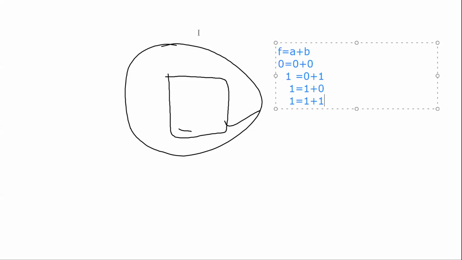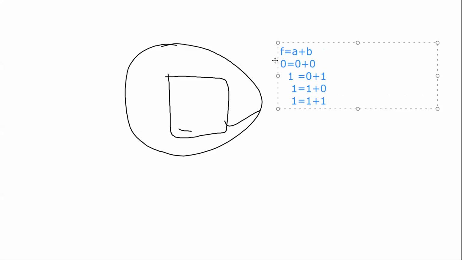In this case, only a single 0, but here there are three 1s. This one is the opposite of the AND gate. In the AND gate case, there are three 0s and one 1, but in this case, only a single 0 and three 1s. Clear? Okay.